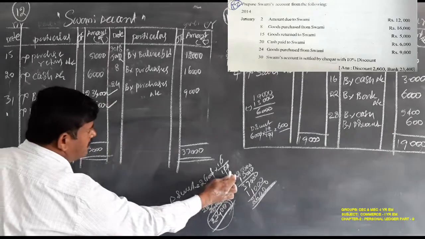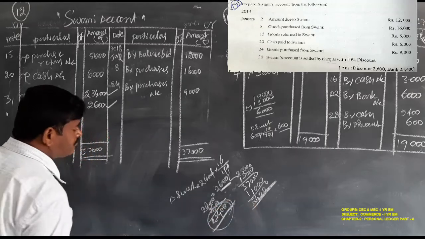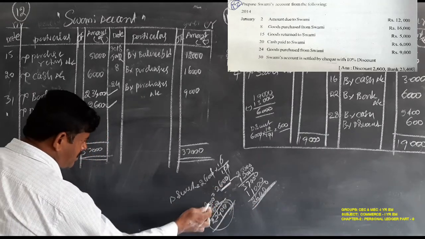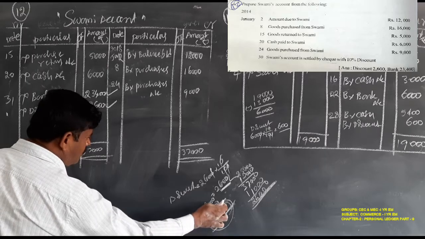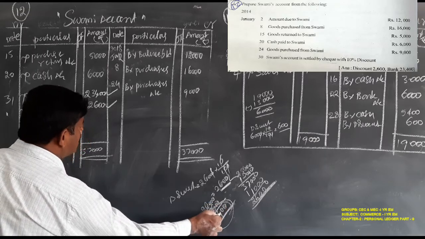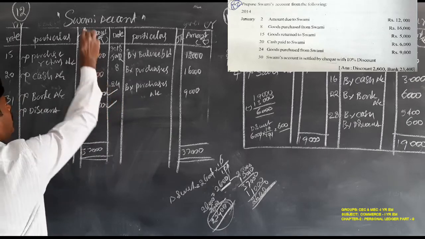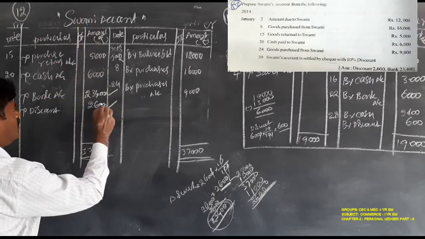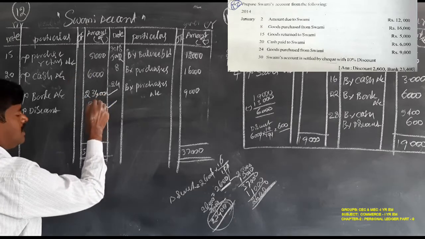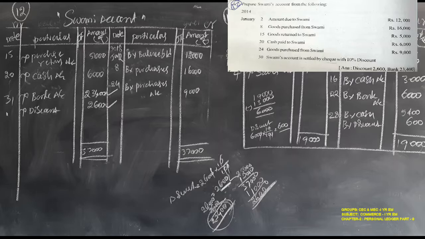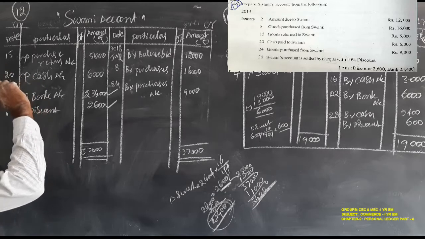First find out the balance 26,000. Discount 2,600 rupees. 26,000 minus 2,600, 23,400. This must be recorded here. 23,400 rupees net payment paid to Swami. Discount 2,600 rupees. This is recorded as per this working note. Okay. This is the 12th problem.